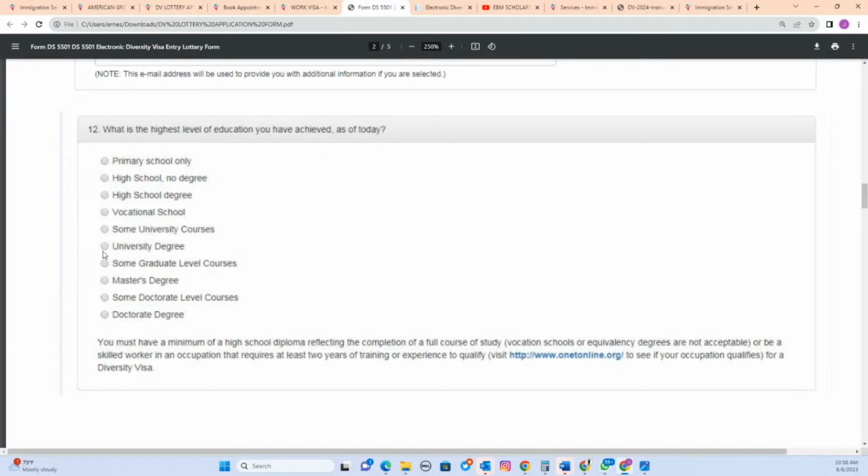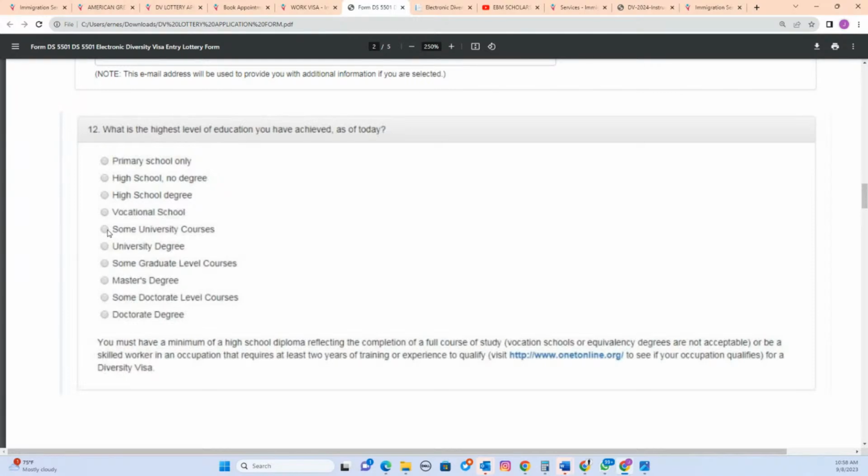Remember, whether you put a correct one or a wrong one, this part has no impact of any kind in selection, in winning the DV lottery. It has no impact at all. And in case you win, let's say you put vocational but you have some university courses, you will put the correct one.